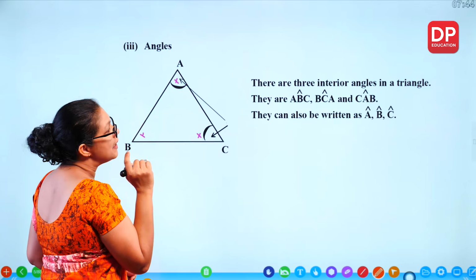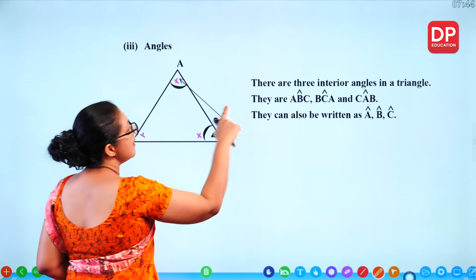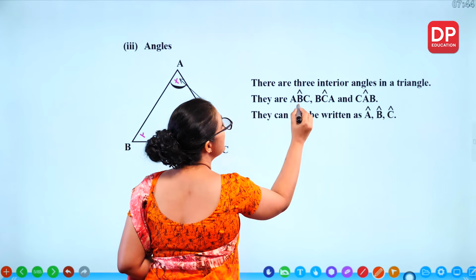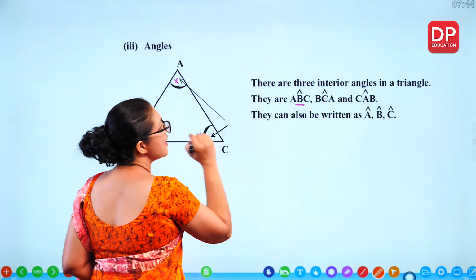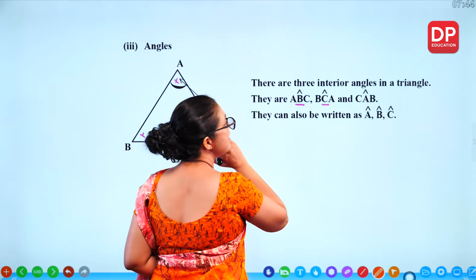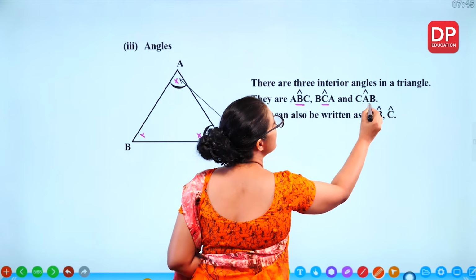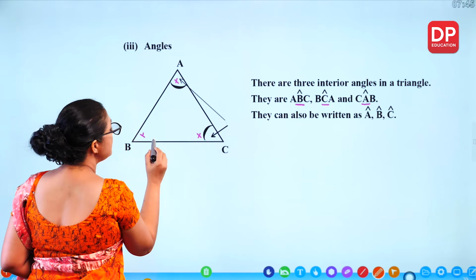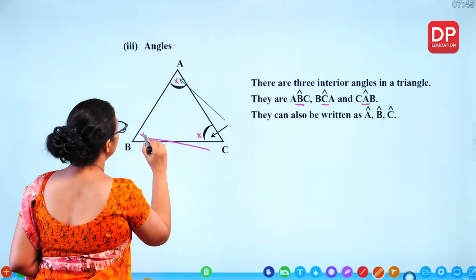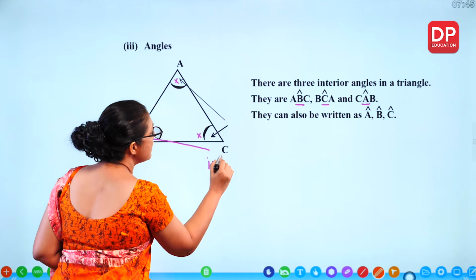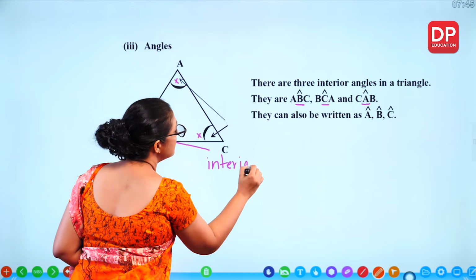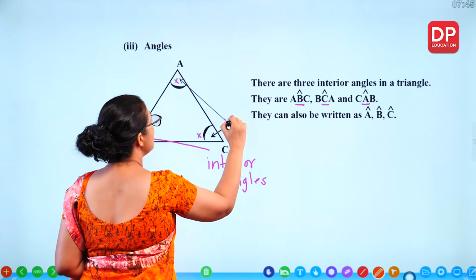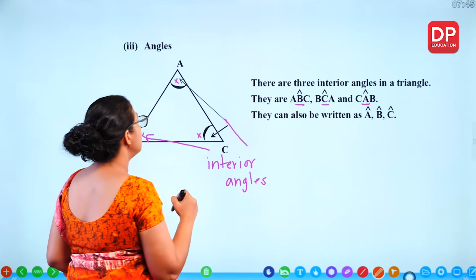They can also be written as angle A. So the middle letter of ABC you can write as angle B. BCA we can write as angle C. CAB we can write as angle A. So what are the 3 angles? These are all interior angles.